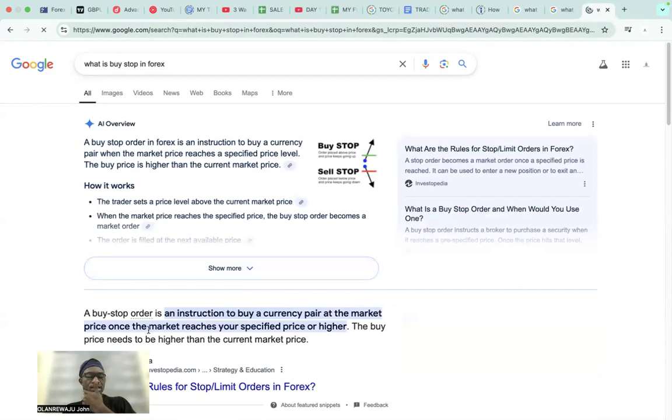A buy stop order is an instruction to buy a currency pair at the market price once the market reaches your specified price or higher. A buy stop order is an instruction to buy a currency pair when the market reaches a specified level. The buy price is higher than the current market price. So this is the correct word.